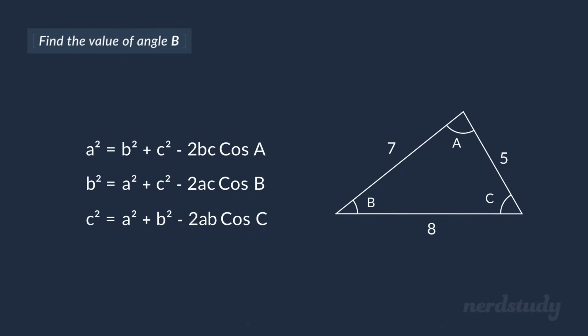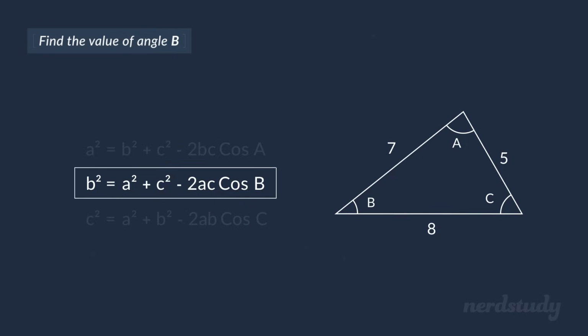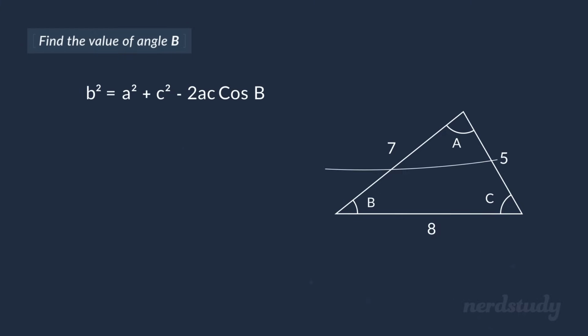Since we want to find the value of angle B, let's use this version of the cosine law. So we plug in 5 for B, since it's the value opposite to the angle that we're looking for, and plug the two other side values into their respective variables, and we're left with cosine of B as our unknown, so our objective is to isolate it.